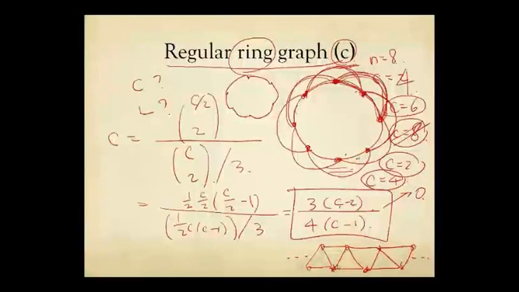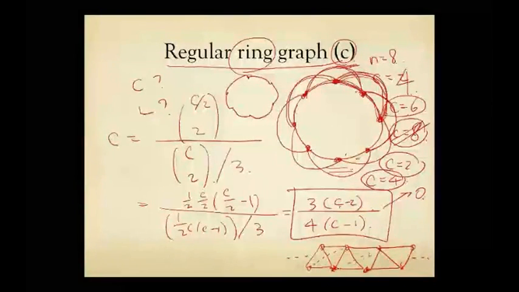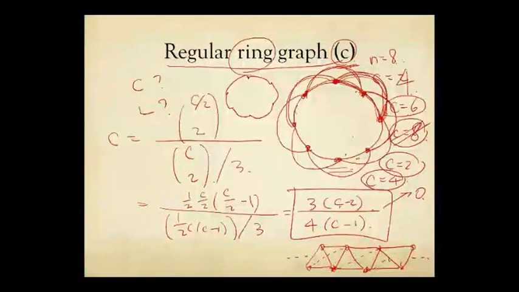And now you can clearly see the clustering coefficient should be half, because had I also drawn these dotted lines, which don't actually exist here, I would have all the triad closures. But they don't exist, only these parts exist. So intuitively, this way of drawing the same picture shows that the clustering coefficient should be half. And indeed, if you plug in c equals 4 here, what you get is that the clustering coefficient is 1/2.